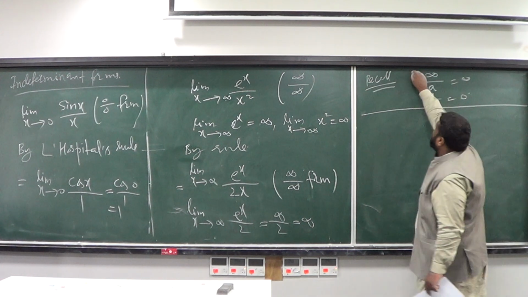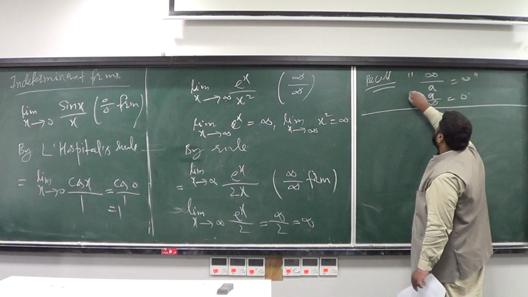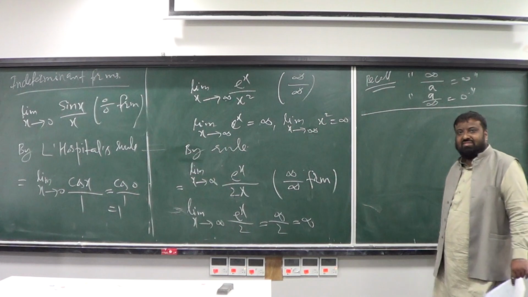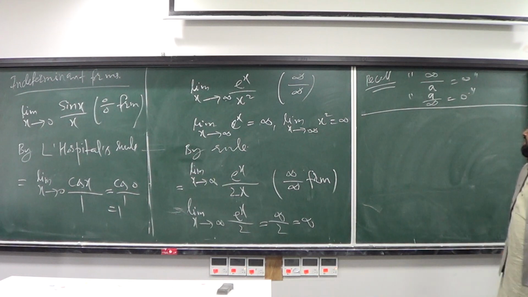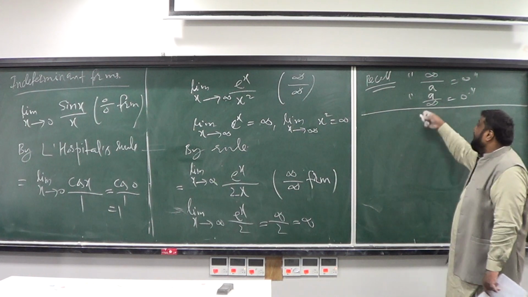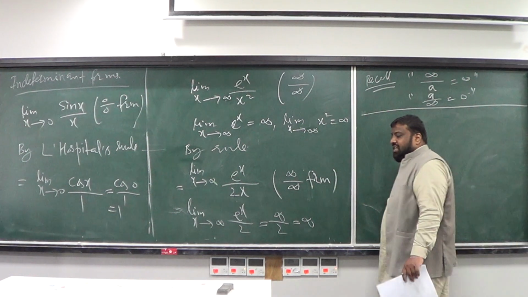I'm writing it in inverted commas, because you can't really divide by infinity. So if the infinity is in the denominator and the numerator is a number, that's 0, and infinity divided by some number is still infinity.